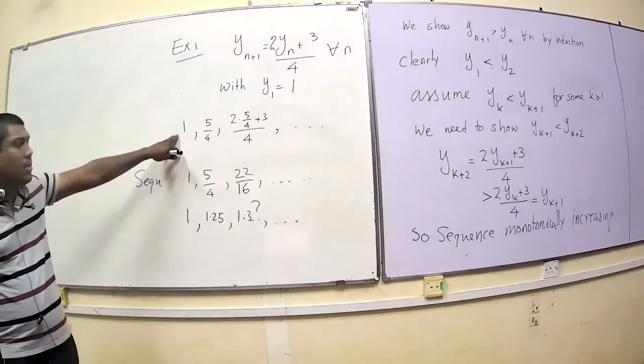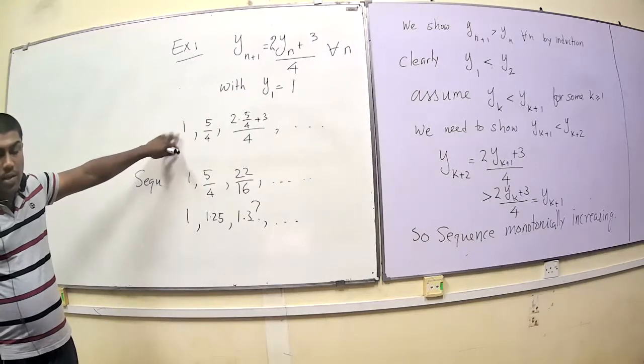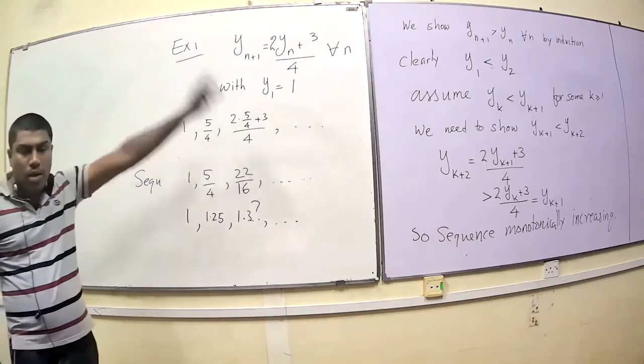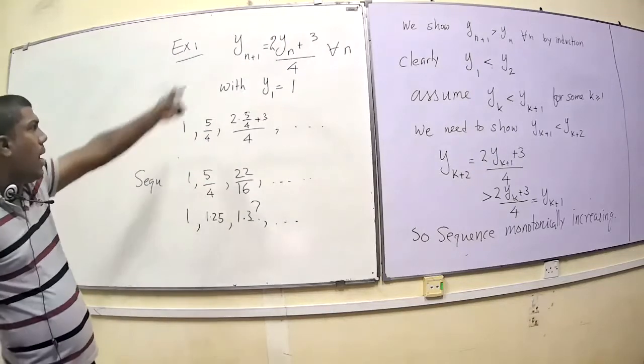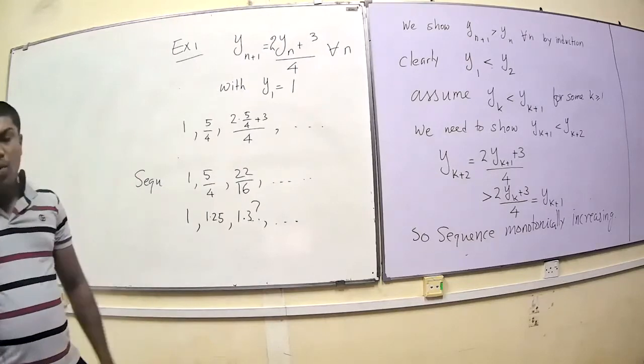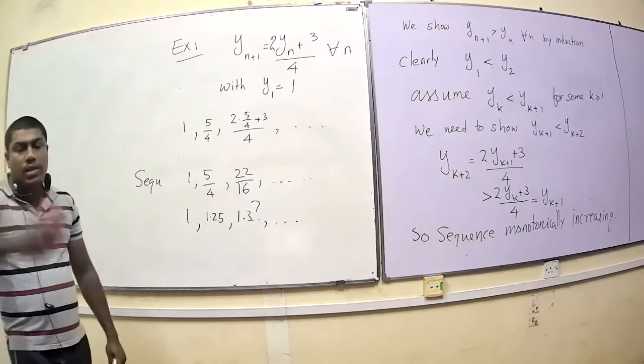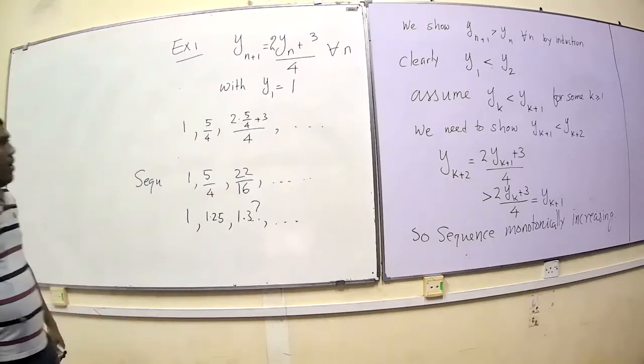Clearly this is an increasing sequence, so this is greater than 0, all of them. So all you want to do is to show it is bounded above. So you can say that it is less than 2. If you doubt whether it will be less than 2 or not, you can go for 3, you can go for 4. All you need to do is show that this is less than some fixed number.